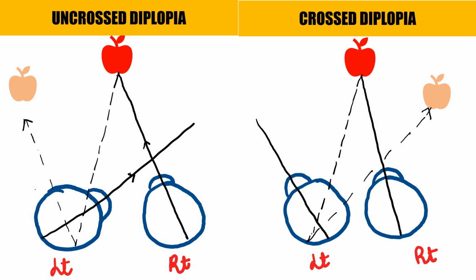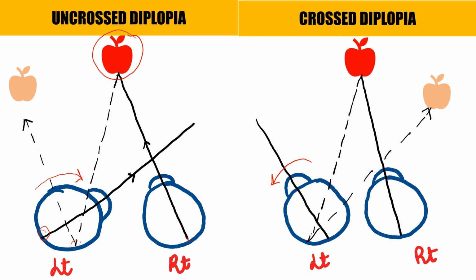Now in the first picture you can observe that the left eye is deviated inwards, and in the second picture the left eye is deviated outwards. That means there is an exodeviation. The object, which is an apple, is falling on the fovea of the right eye, and therefore it is going to be localized correctly. However, you can see that in the left eye the object is not falling on the fovea, which is situated here.